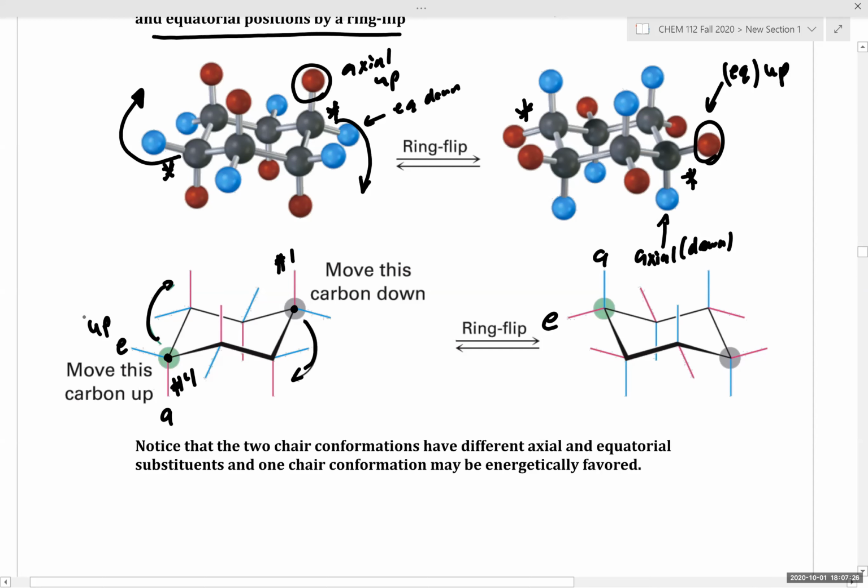Notice, and this is really important, that the stereochemistry, whether your substituent is pointing up or down, does not change during a ring flip. So make sure to number your carbons. So I have 1, 2, 3, 4, 1, 2, 3, 4. And note that when you're drawing your ring-flipped cyclohexane ring, carbon 1 is now pointing down and carbon 4 is now pointing up.